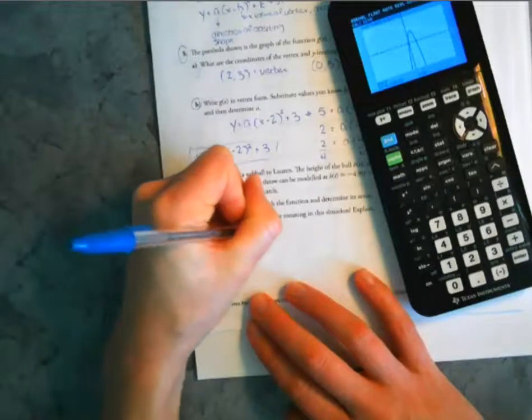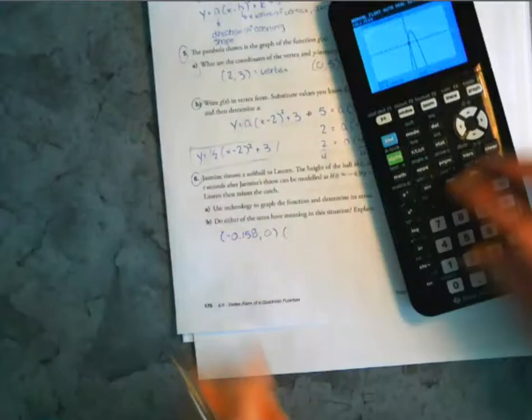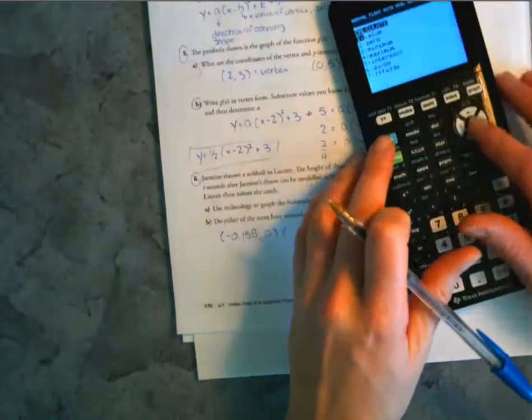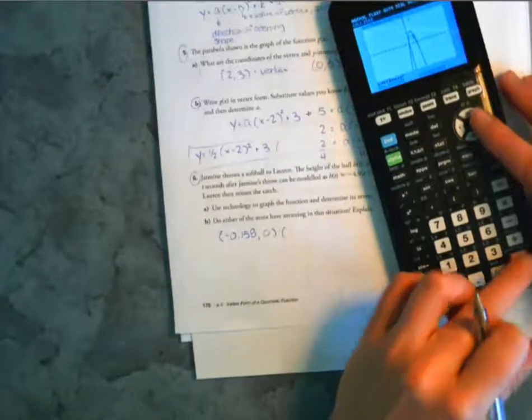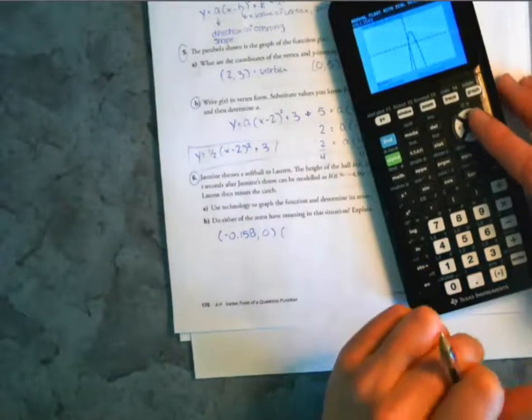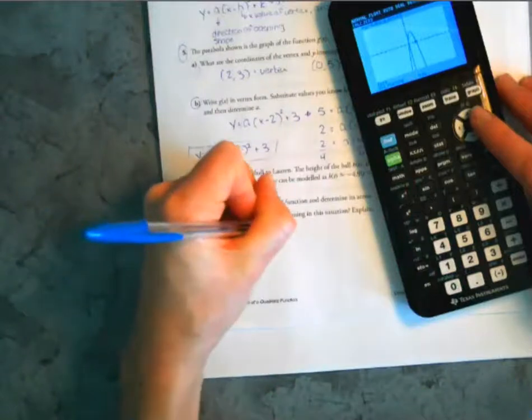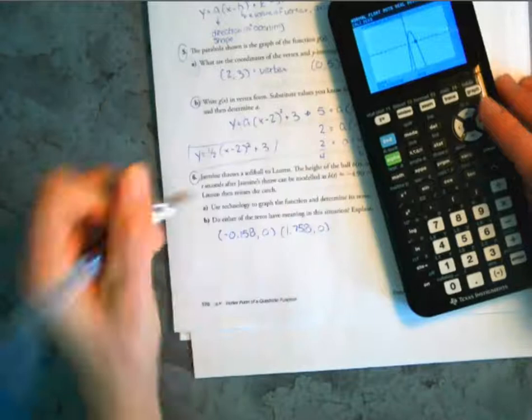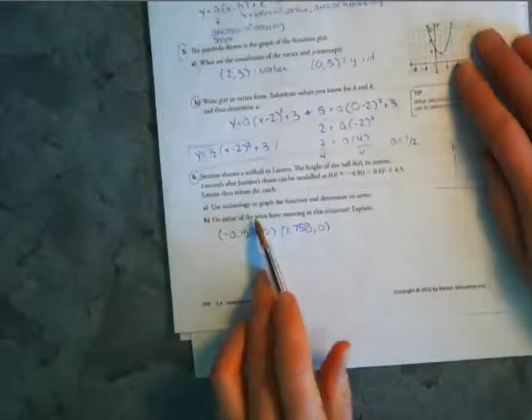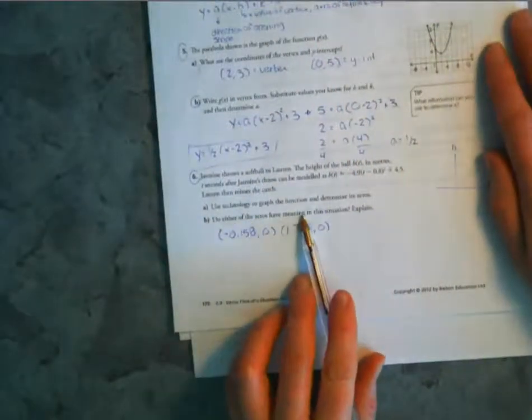And then of course the y value is 0. And our second zero is, left bound, right bound, enter, 1.758 and 0. Okay, so those are my zeros.